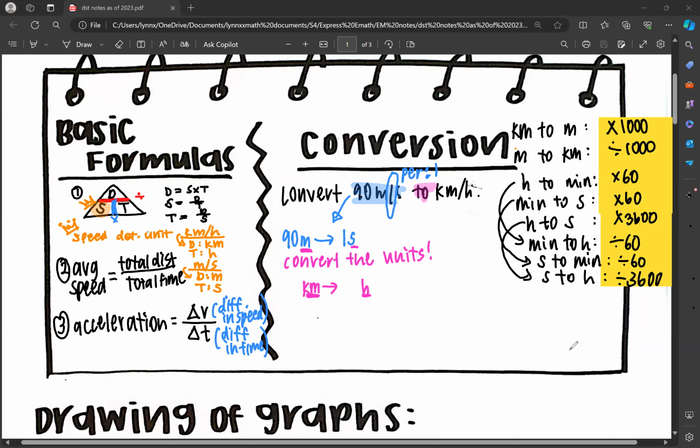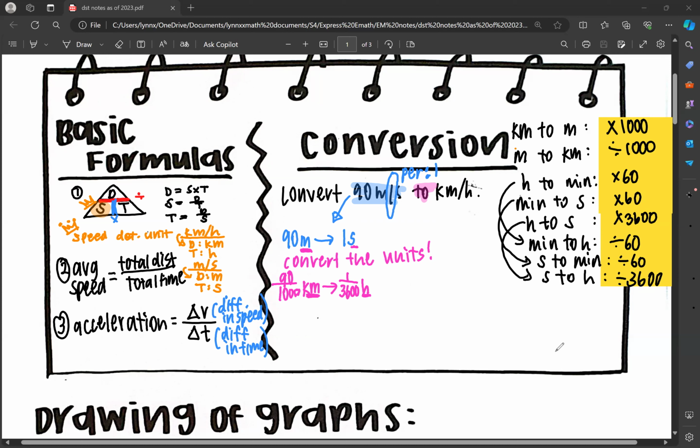So how do you convert from meters to km? That's right, 90 over 1000. Very simple. Not that complicated. How do we go from seconds to hours? Yes, 1 over 3600. That's it.